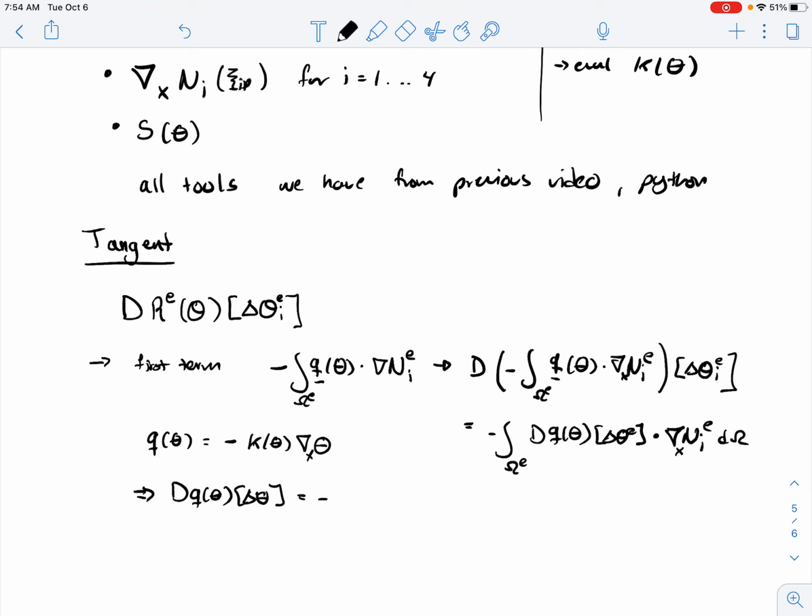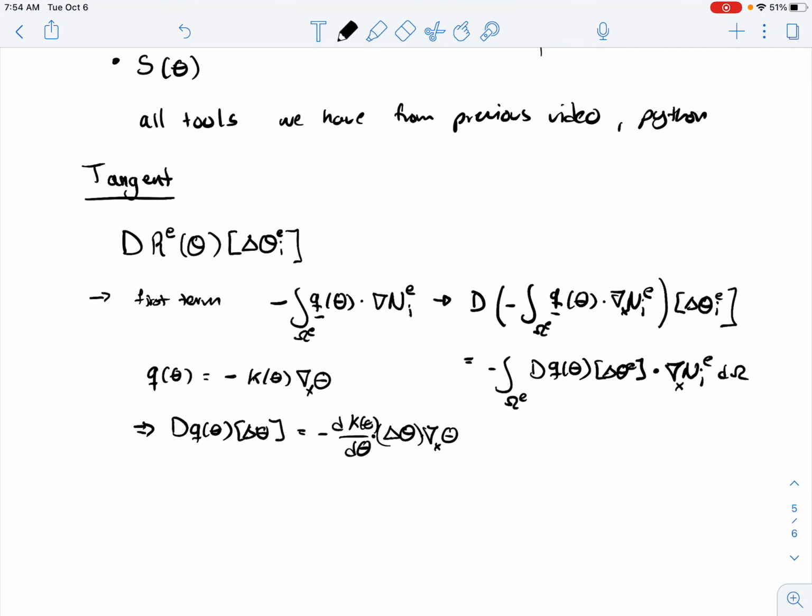Chain rule, so one of them will be minus the partial derivative. Actually, it's not a partial, it's just a total derivative. So minus the total derivative of K of theta with respect to theta times the increment, right, times the gradient with respect to X of theta. So here, just chain rule, and then multiplying by delta theta.